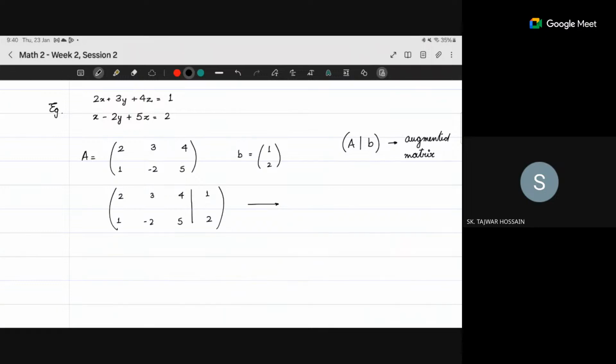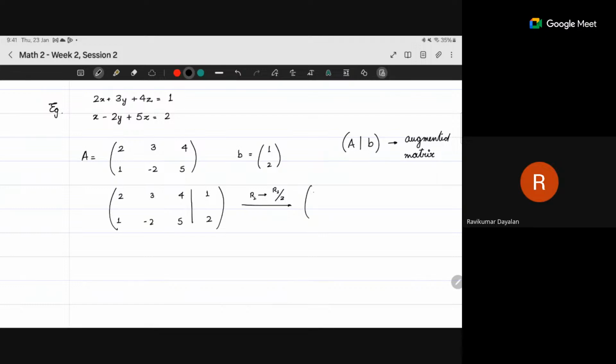So what is the first operation that we will do? R1 equal to R1 by 2. It's not tends to, R1 is changed to R1 by 2. Maybe not good notation.